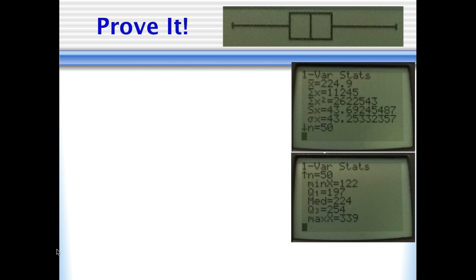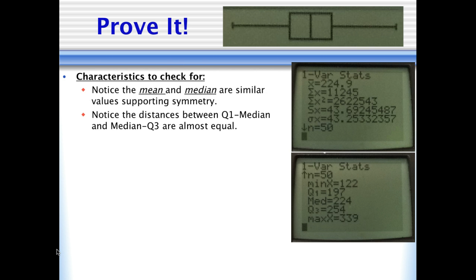Now, this is what your box and whisker plot should look like along with numerical summaries on your TI-84 calculator. A couple things to notice in terms of the numerical summaries that help support the symmetry characteristic of the data set. First of all, notice the mean and the median are fairly close to each other. The mean is 224.9 and the median is 224.